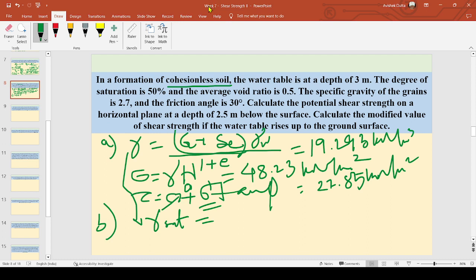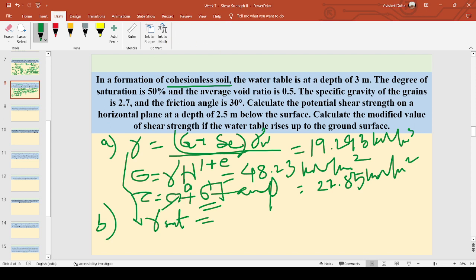So when the water table is at the ground surface, in the same formula, that is (G plus Se) by 1 plus e, the moisture content value will change over here.